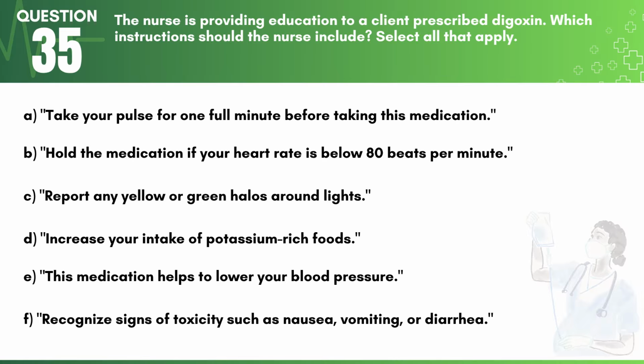C. Report any yellow or green halos around lights. D. Increase your intake of potassium-rich foods. E. This medication helps to lower your blood pressure. F. Recognize signs of toxicity such as nausea, vomiting, or diarrhea.